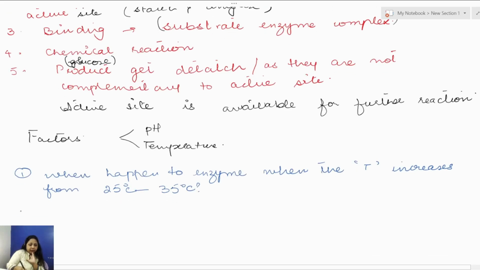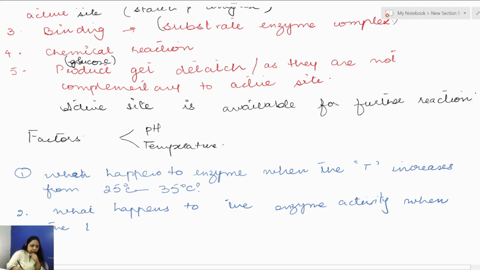Now your second part would be: what happens to the enzyme activity? Let's write activity so that it would be more clear. When the temperature increases from 35 degrees Celsius to 55 degrees Celsius. This was the exact question that was in the past paper.